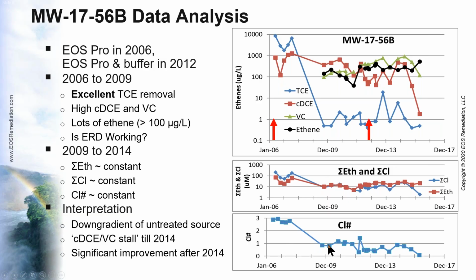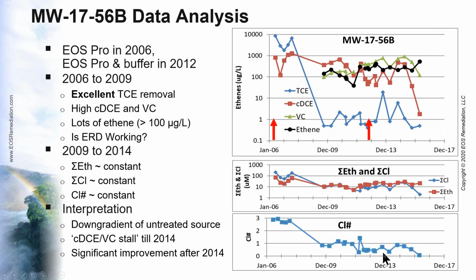Basically that says you've got a roughly even ratio of DCE to TCE to vinyl chloride to ethene. You average that out, it's kind of an average of one, which would be sort of an average of vinyl chloride. And it really stays constant there for several years and then slowly declines. And it's not till about 2013 sometime that we really see the chlorine number drop off.